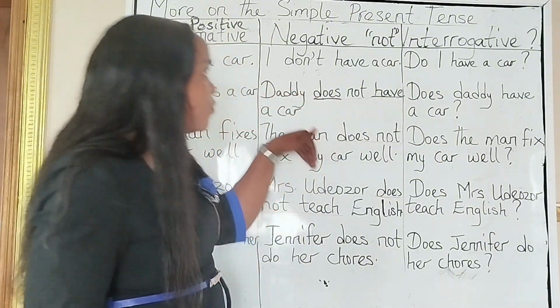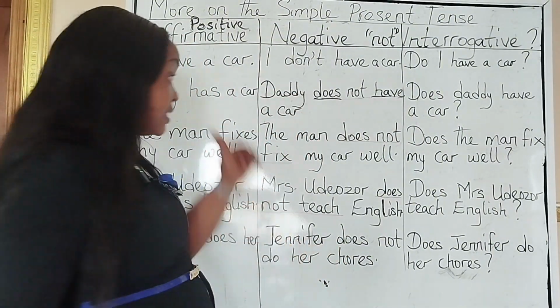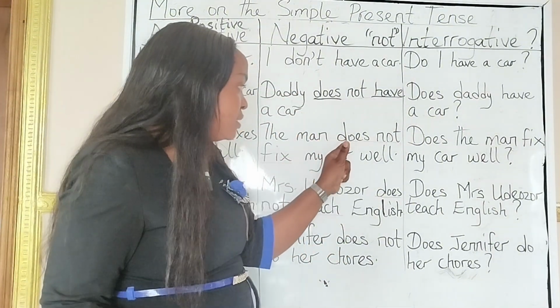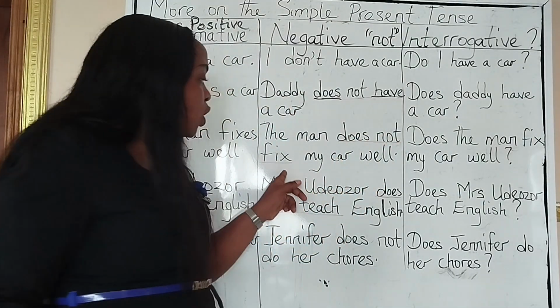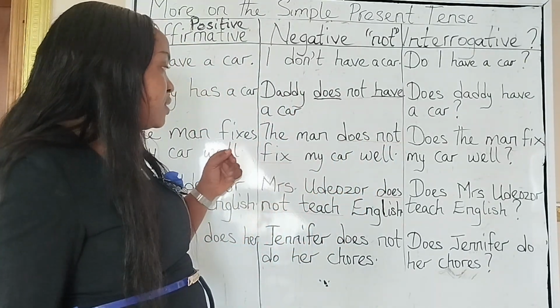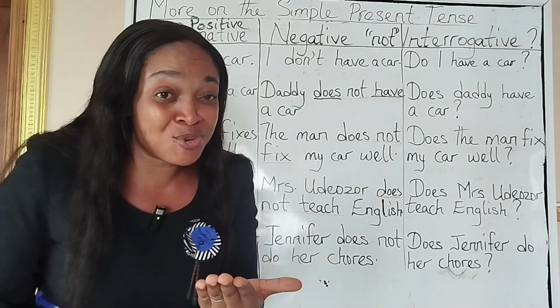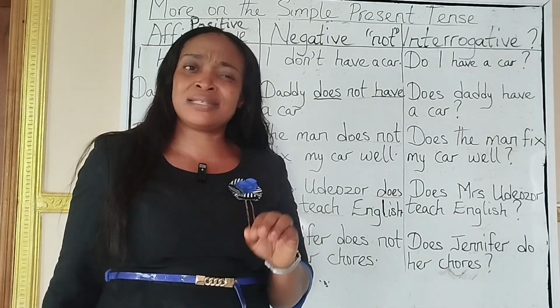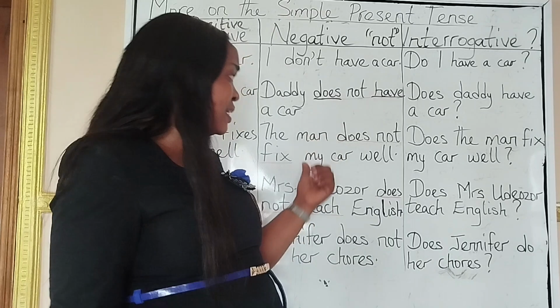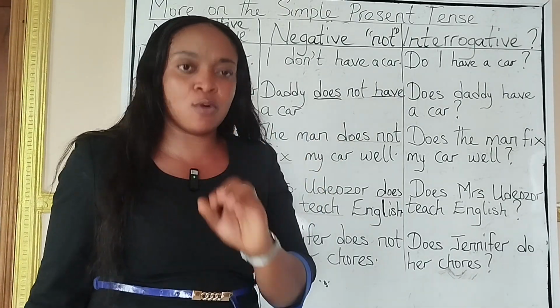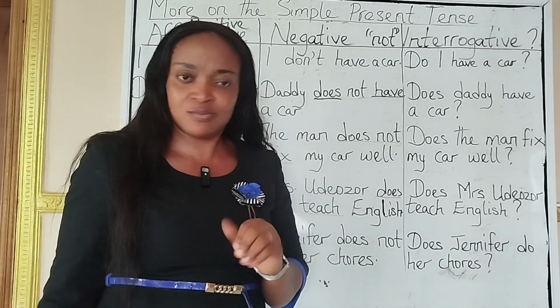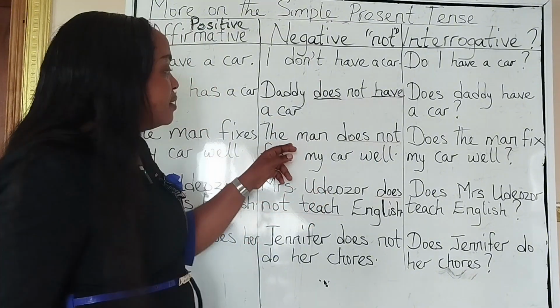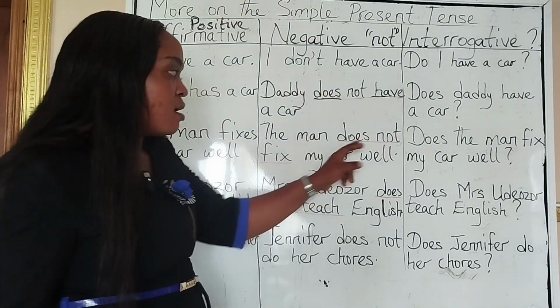But once you come over here, remember it's a simple present tense, and you apply the rule which says does not. You are no longer going to say fixes, rather you say fix. That is the rule. You just have to learn it. Remember, every language has its complexities, and just take this as one of the complexities in English language. Okay, let's go together. The man does not fix my car well.